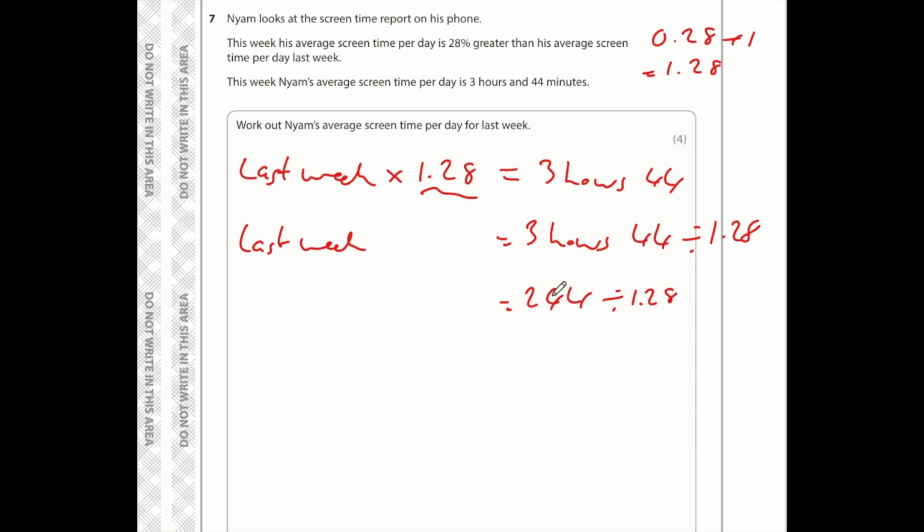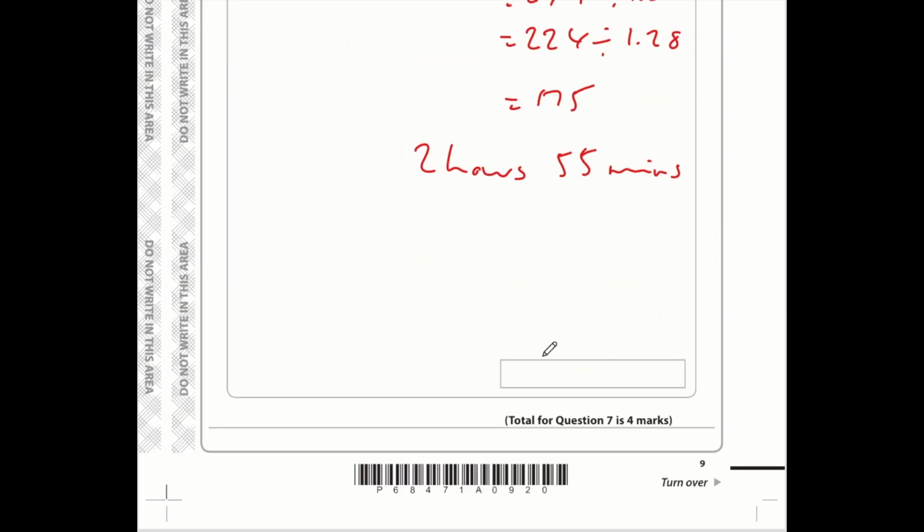I got influenced by the 44 there, so let's write that again. 224 divided by 1.28, and 224 divided by 1.28 is 175 minutes. So last week was 175 minutes. So how many 60s go into 175? Well, that's going to be 2 hours. 2 hours is 120. Take away 120 from 175 is 55. So that is 2 hours and 55 minutes.